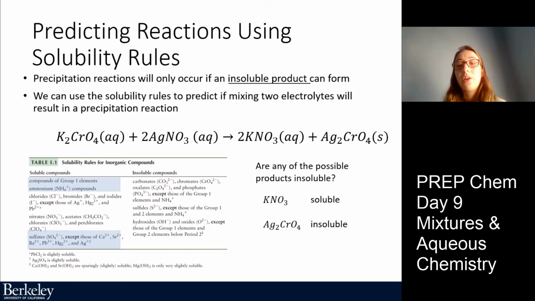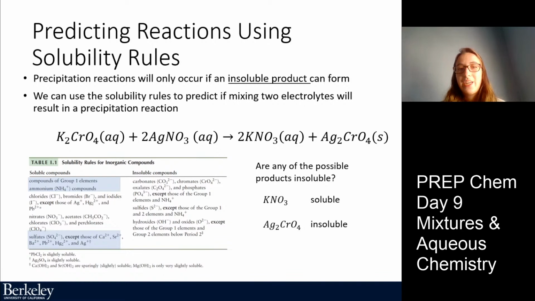Okay, so someone asked, how do we know what the possible products are? That's a great question. For a reaction to actually happen, we can't have the same thing that we started with. So that means we can't have potassium chromate. And since there's only two possible cations and two possible anions, they basically have to flip spots. So instead of having potassium chromate, we must have potassium nitrate, simply because that's the only other option.